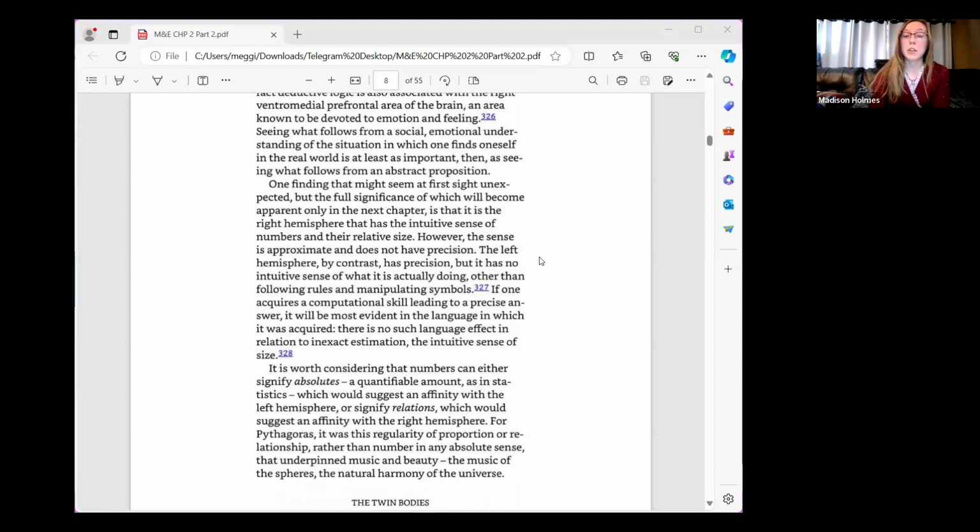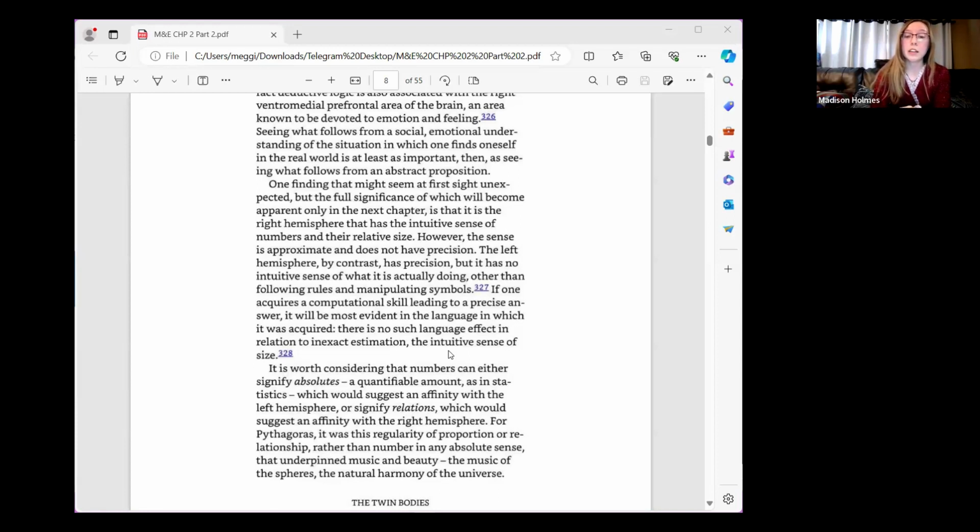The left hemisphere, by contrast, has precision, but it has no intuitive sense of what it is actually doing, other than following rules and manipulating symbols. If one acquires a computational skill leading to a precise answer, it will be most evident in the language in which it was acquired. There's no such language effect in relation to an inexact estimation, the intuitive sense of size.